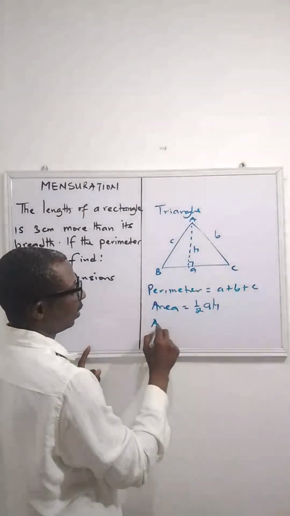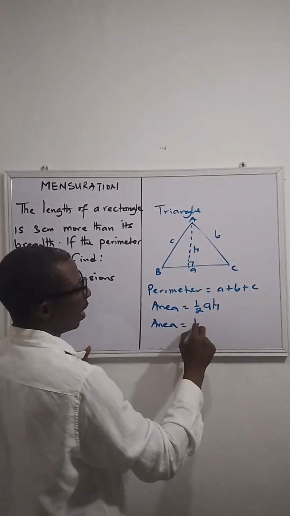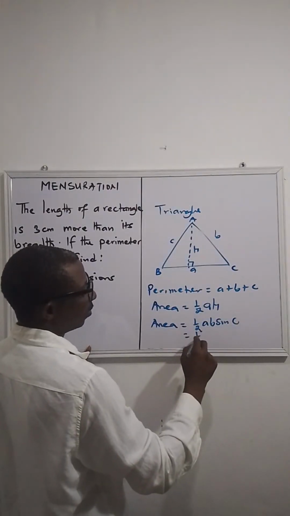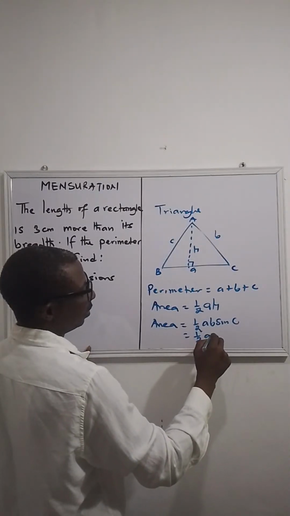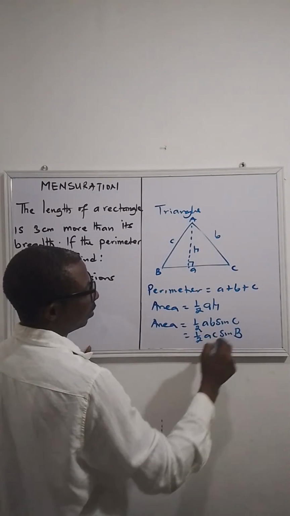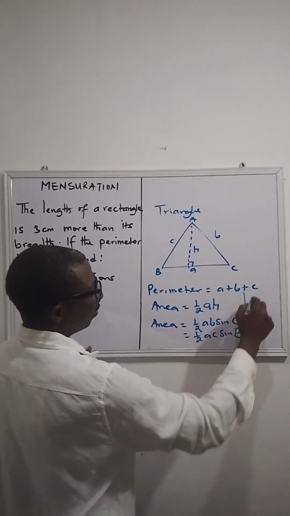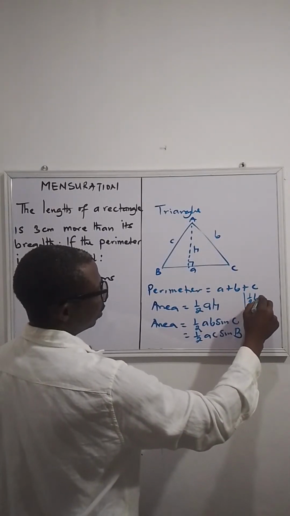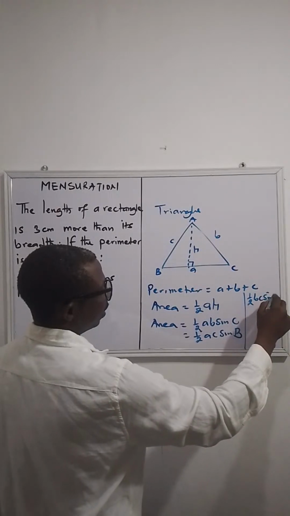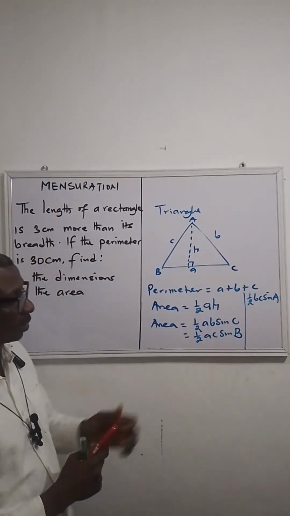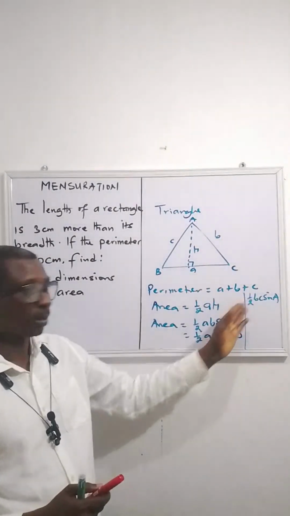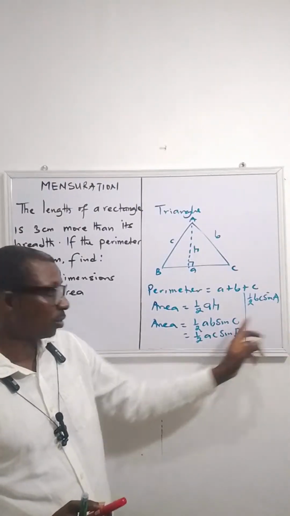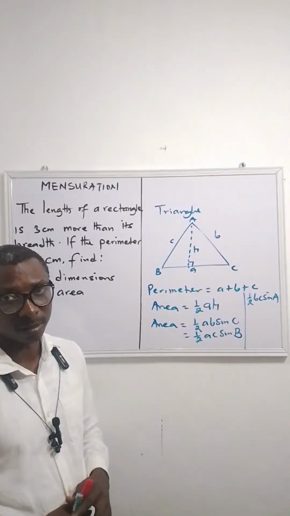Okay, we can also have area to be half AB sine C, half AC sine B, and also half BC sine A. All right, these are other formulas. Here this one is angle C, angle B, angle A, and we have the corresponding sides.